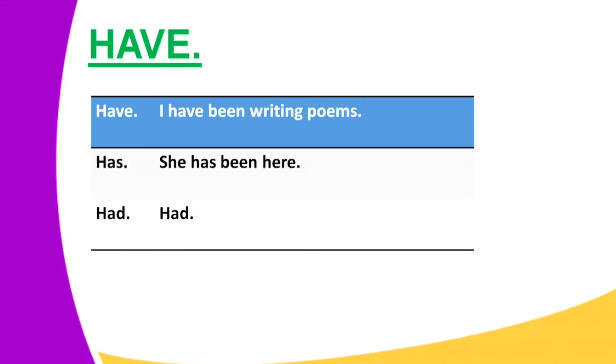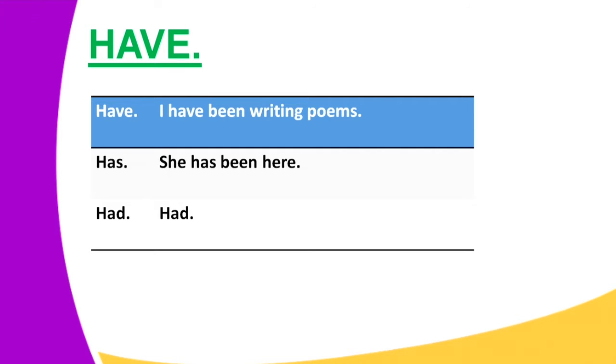Next, we have the auxiliary verb have. Again, it takes three forms. Have for the plural, has for the singular, and had for the past tense. Example of a sentence using have: I have been writing poems.